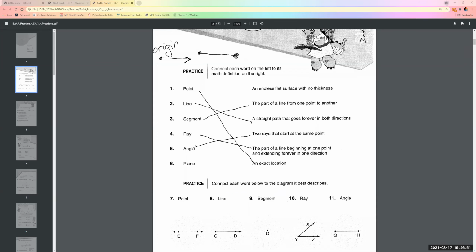Correct. And the last one? I guess this one's kind of obvious now that there's only one left. Right. So the plane will be an endless flat surface with no thickness. Exactly.